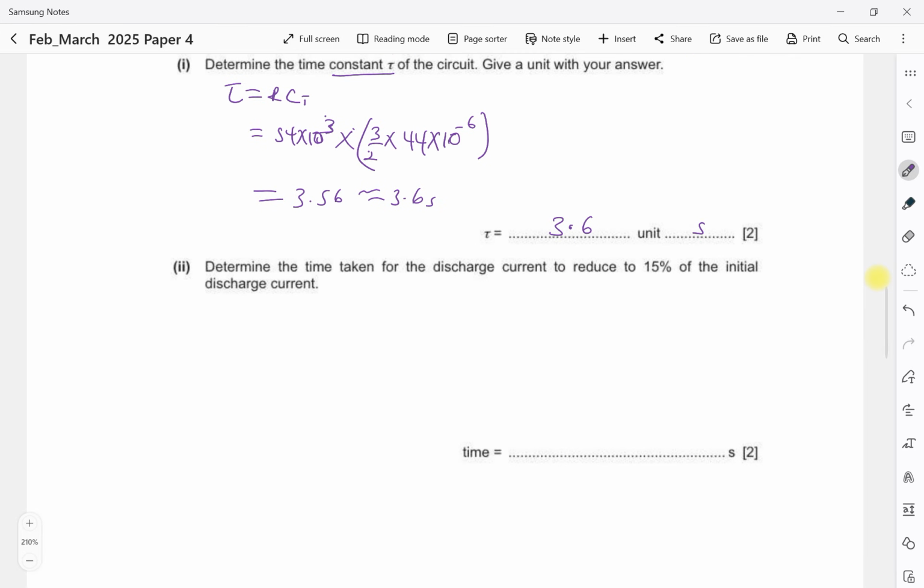Determine the time taken for the discharge current to reduce to 15%. So the current equals I naught e to the power negative t over the time constant, and we want I to be reduced to 15%.